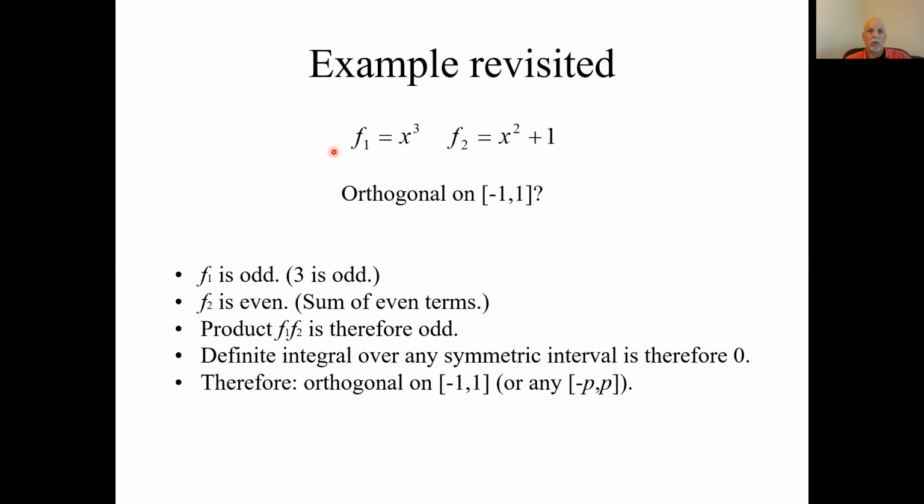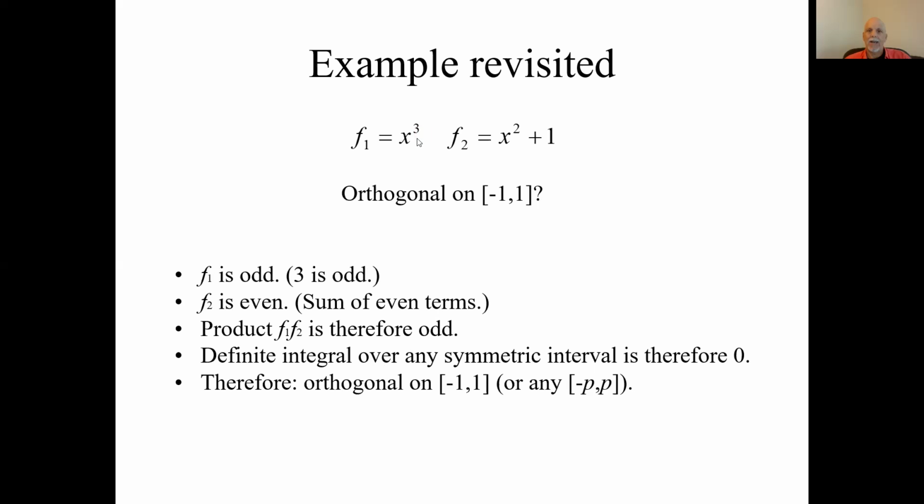We did this example earlier. Are these two functions orthogonal to each other? Well, let's see. X to the 2 is an even function. 1 is x to the 0. Even plus an even is still even.